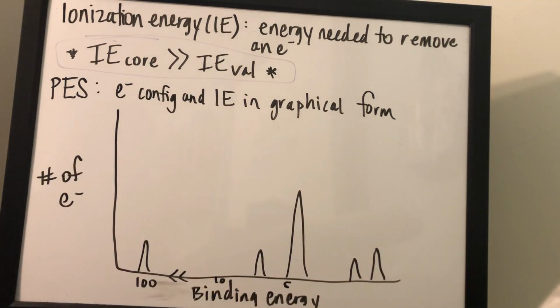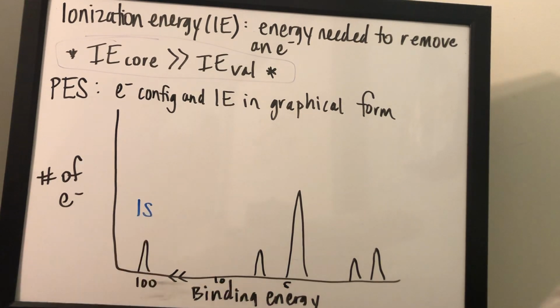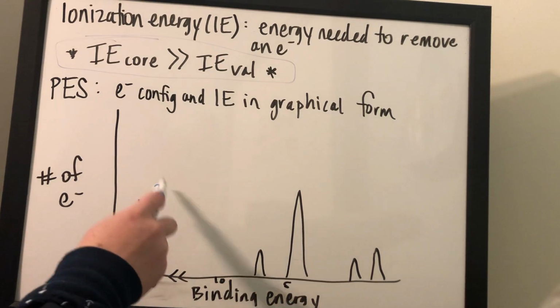So I've now established that this is the core side of my graph, and this is the valence side. The way PES works is the first peak is representative of the 1s atomic orbital. Knowing that that's the 1s, and that most likely the 1s is full, this peak would be representing 2 electrons.